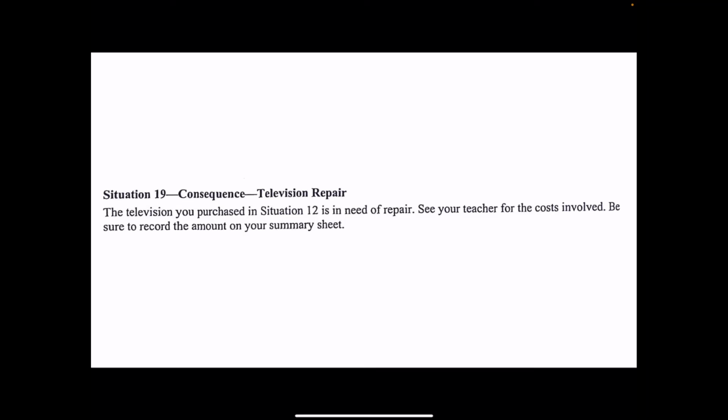Okay, so when I pull out the cards, if you chose A and B, it's 0. Option C is minus, I pulled out a pink card, minus $25 to get it repaired. So again, if you have C in situation 12, then when you go down to your television repair in 19, you need to put minus $25.